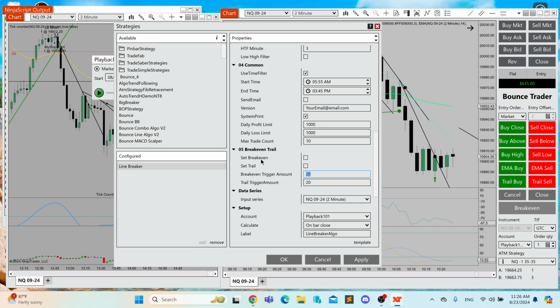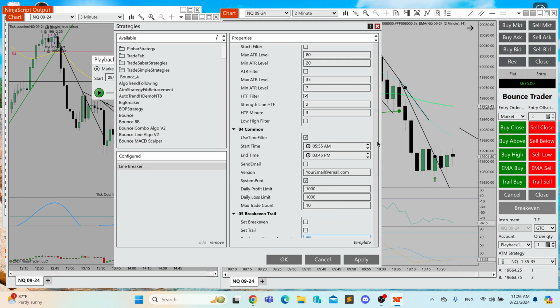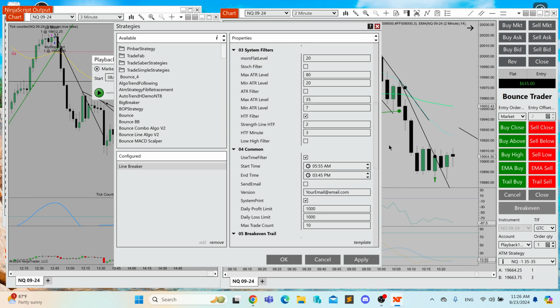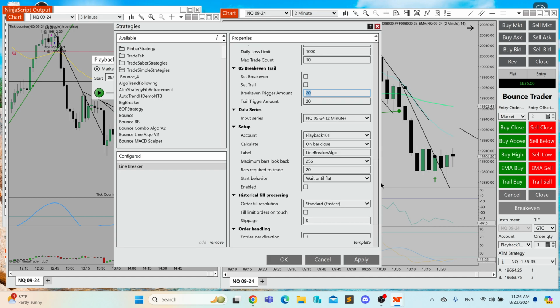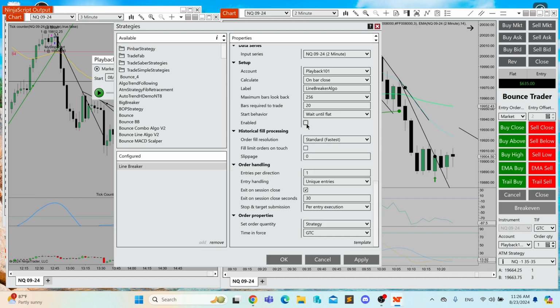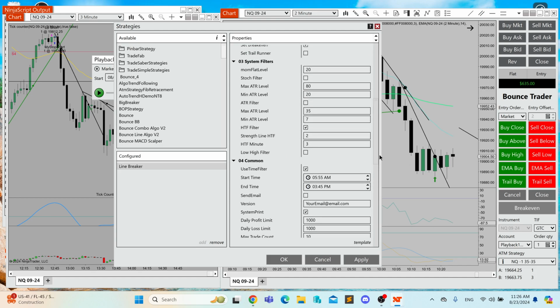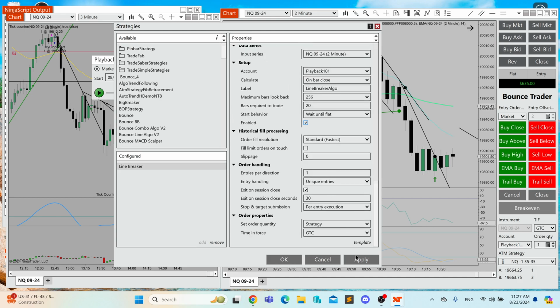This is currently for the primary for this trade. For the runner, if you only use a runner, it still needs a little bit more work in my opinion, but let's test it out. This is only for the runner. So this is for primary, this is for the runner, and I set break even like that.